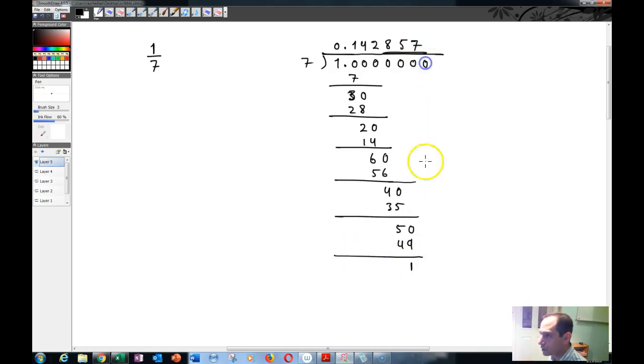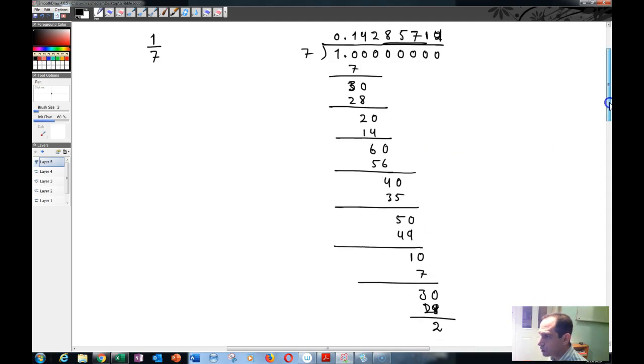And then again, if I add a 0 over here, 1 times 7 is equal to 7, remainder 3. 4 times 7 is equal to 28, and remainder 2.